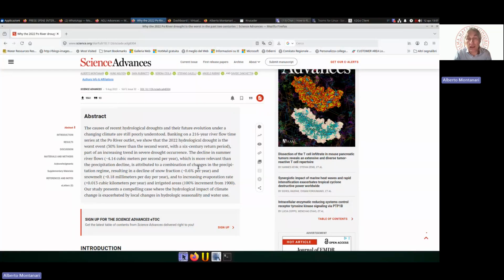It is a compelling case, so this is something ambitious without becoming jargon, where the hydrological impact of climate change, so it's an example of how climate change may cause problems, especially if there are other drivers of change that contribute to amplify the impact of climate change.